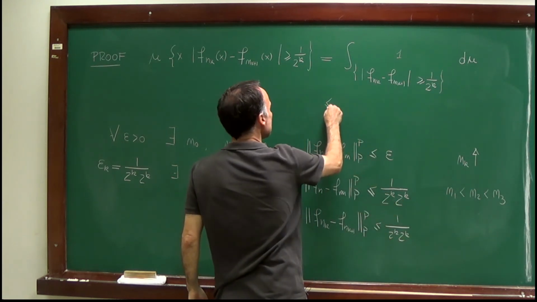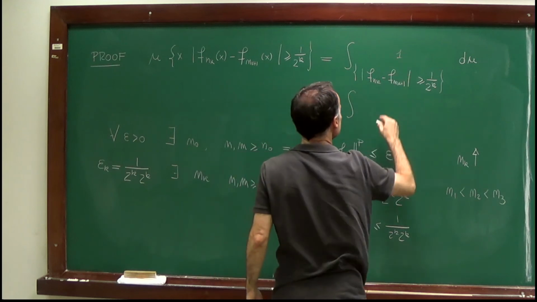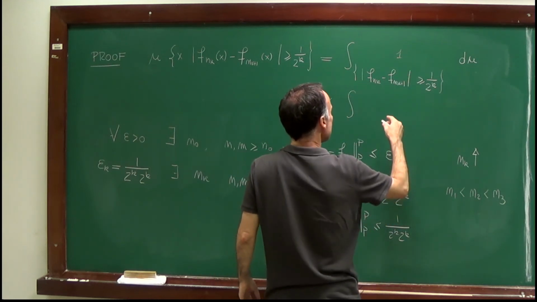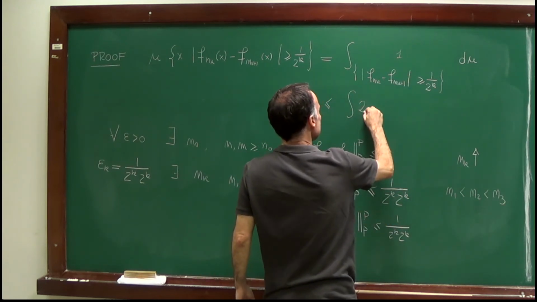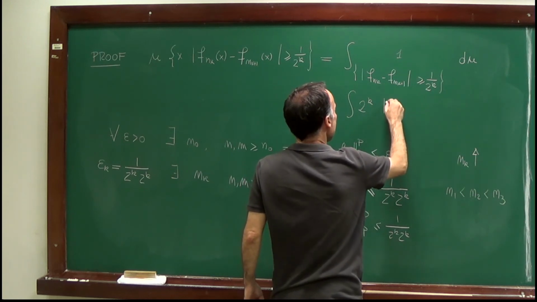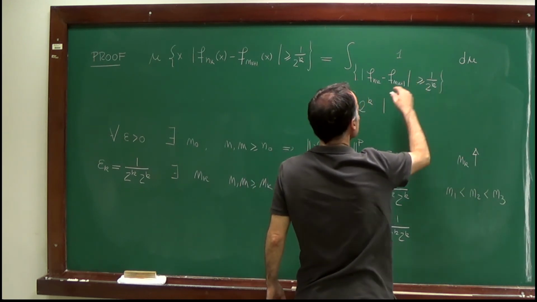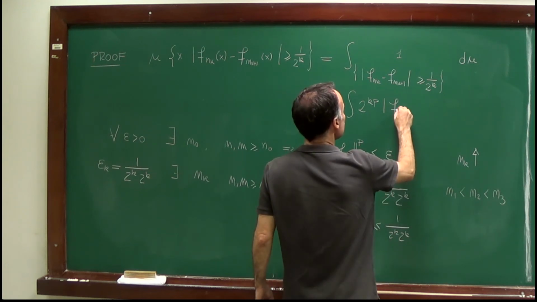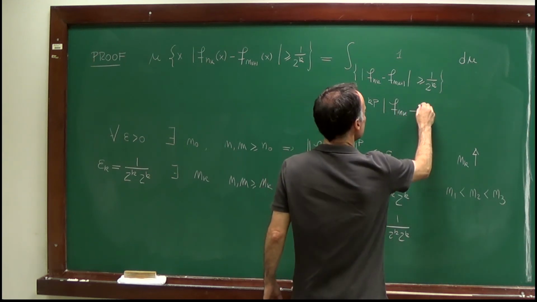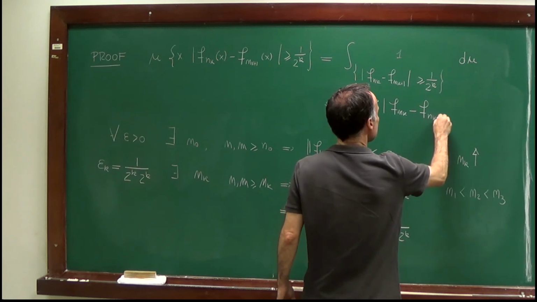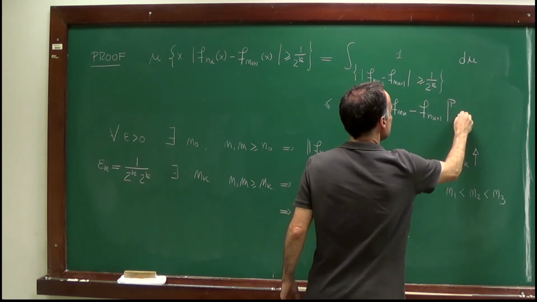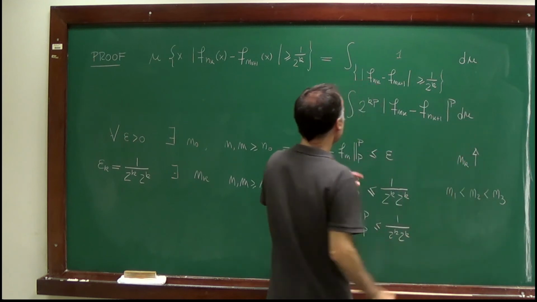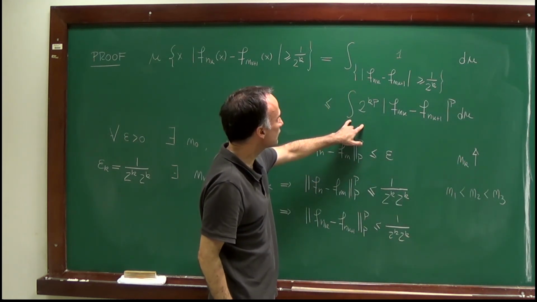So this integral is clearly bounded above by the integral of 2 to the power kp times f nk minus f nk plus 1 to the power p d mu, and I'm still integrating over this set.